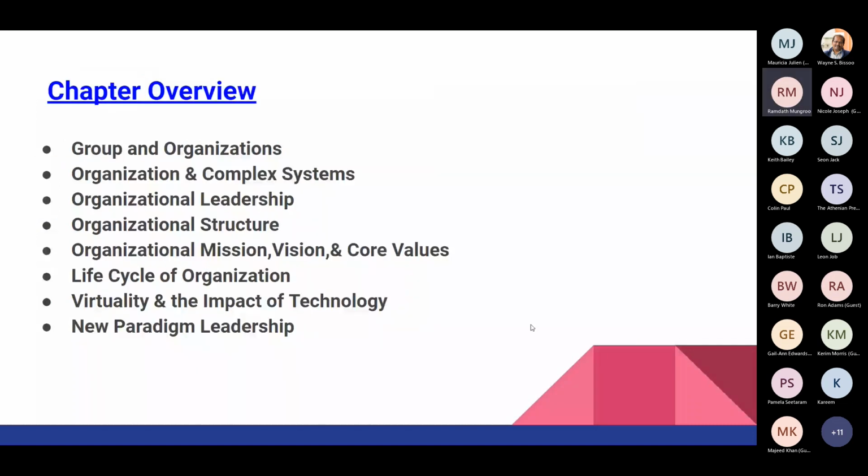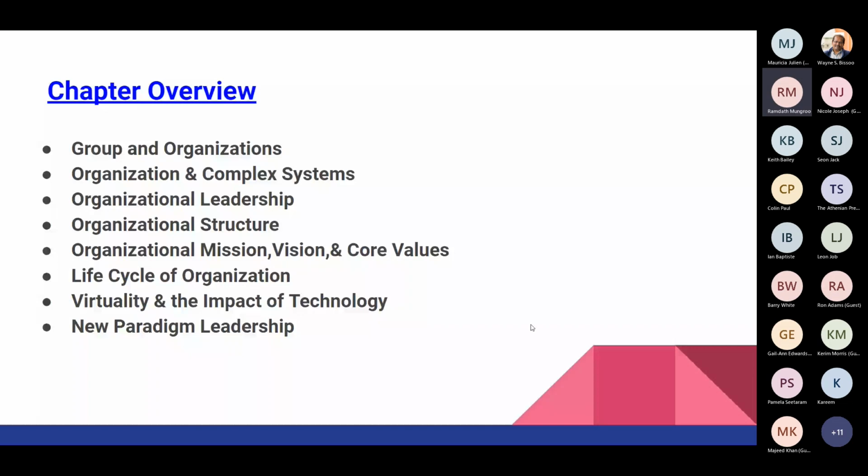Our discussion and lecture this afternoon pertains to groups and organizations, where we will define group, define organization, and give some characteristics of organizations. Organizations and complex systems, where we'll talk about the system itself, the principles and concepts. Organization leadership, the existence of leaders and how they operate within the organization.